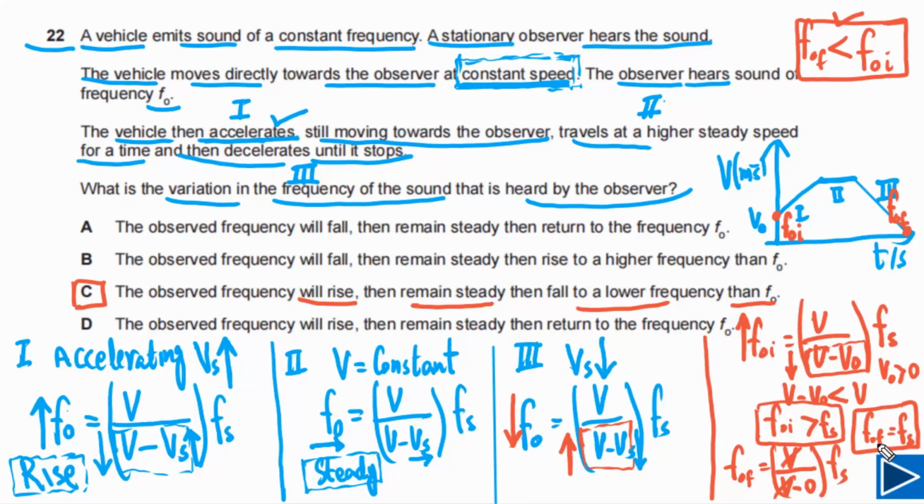And the final observed frequency is lower than the initial observed frequency when the source was moving at speed v naught. So the answer for this question is C. D is not the answer because it is telling us it returns to frequency f naught, not to fs. So this one is wrong. First one is not the answer. Fall, this is wrong. So A is not the answer, B is not the answer.